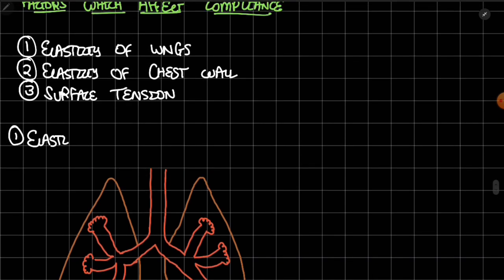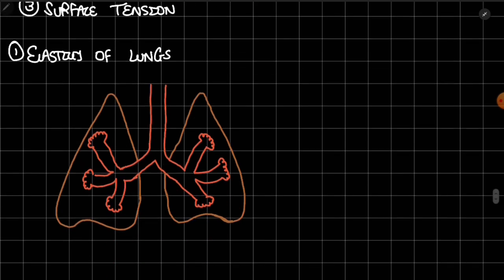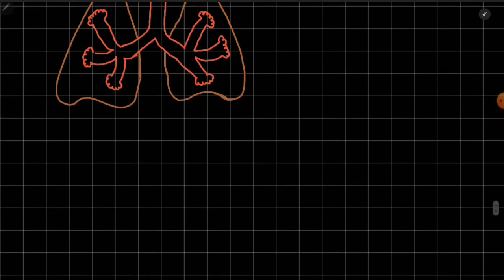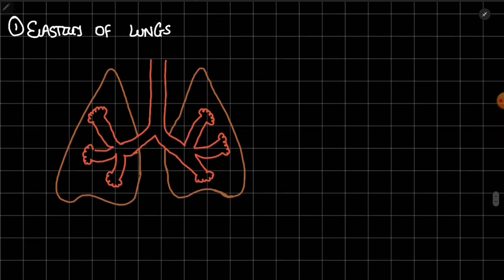Elasticity of lungs. Now suppose you are breathing normally, but in some patient fibrosis occurs. So what is fibrosis? Pulmonary fibrosis occurs in this lung.